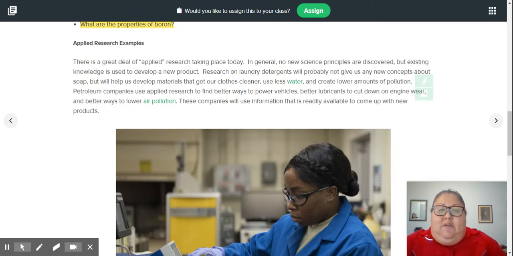You have laundry detergents that not only clean your clothes, but they sanitize them as well, especially for the healthcare industry. You also have some laundry detergents that don't need a lot of water. They're also trying to improve how much pollution is produced.